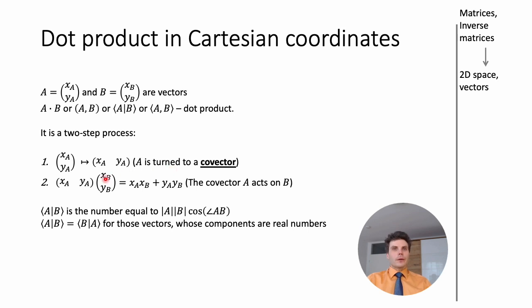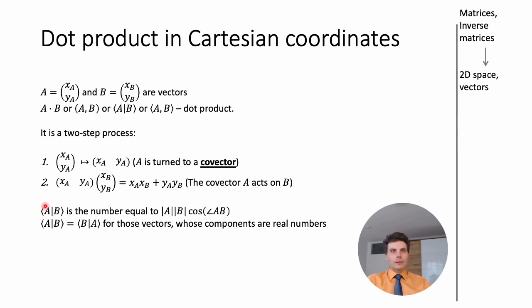After that, you use this covector as a linear operator and act with it on the second vector of our pair, on the vector B. And you obtain this formula, which is the sum of the products of the corresponding elements of the two vectors, as it's shown here. The covector A appeared at step 1 acts on the vector B.